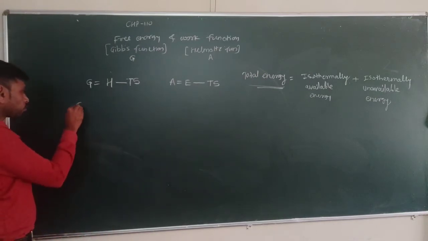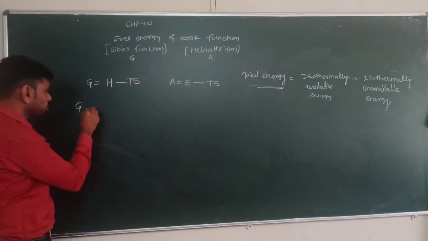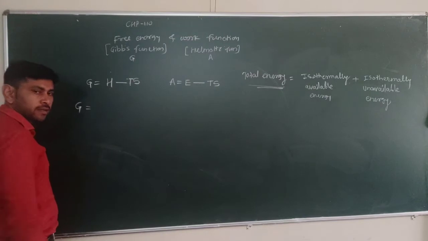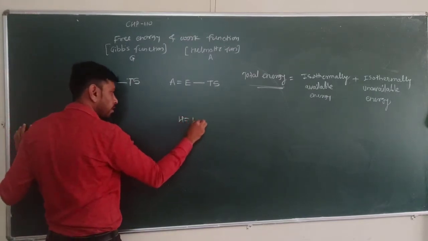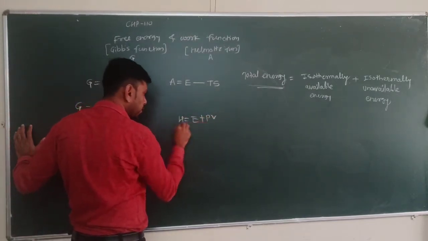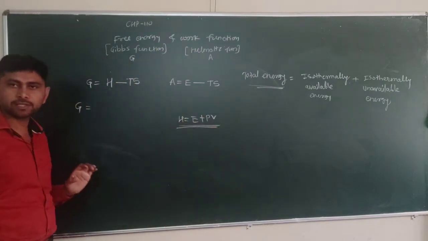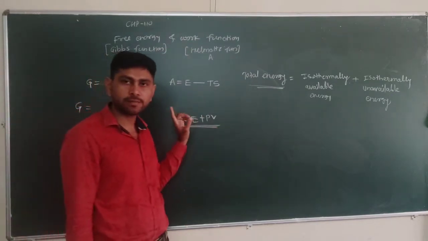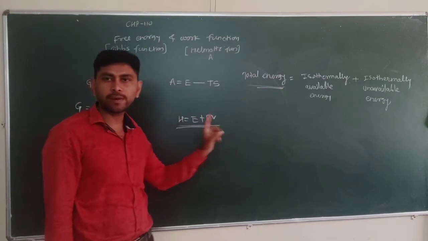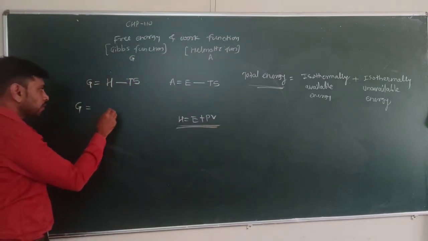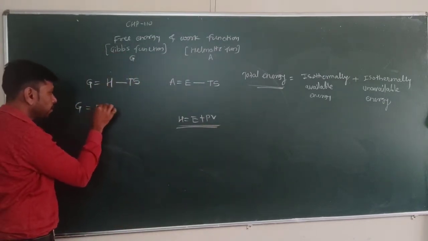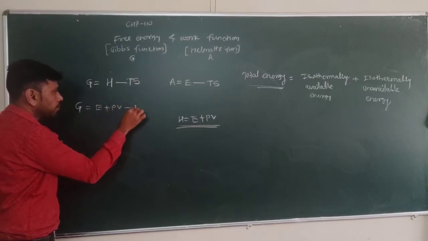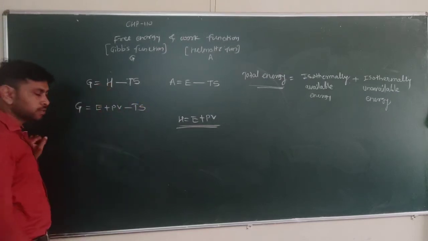Now it can also be modified in the form of the Gibbs function. G is equal to H. We know that H is equal to E plus PV, enthalpy. From the mathematical expression of enthalpy, we can write H is equal to E plus PV. Now if you write E plus PV minus TS, this equation we can write.